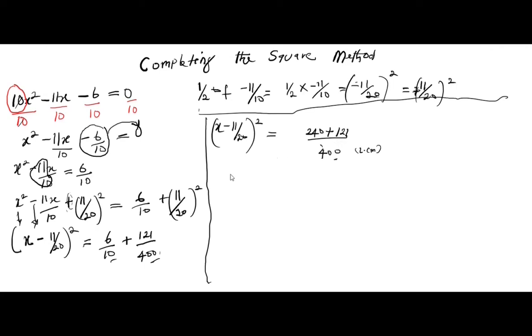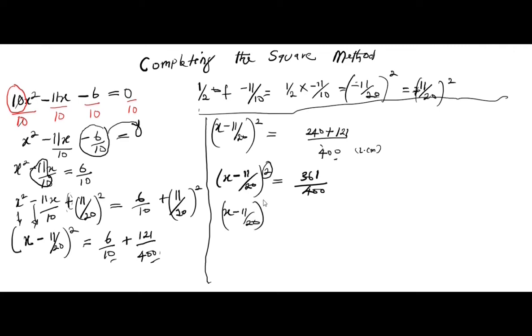So we have x minus 11 all over 20 all squared equals 240 plus 121 is 361, 361 all over 400. So the next thing is to eliminate this square that is here.